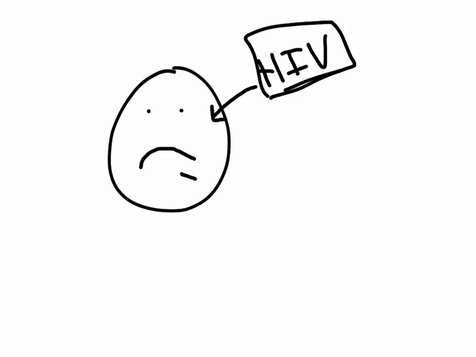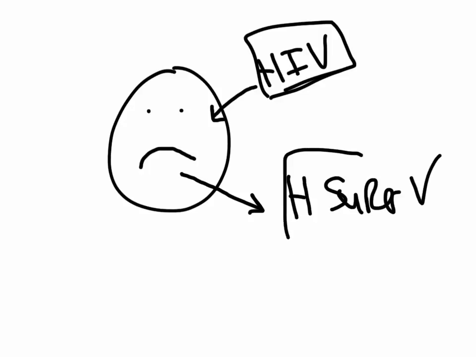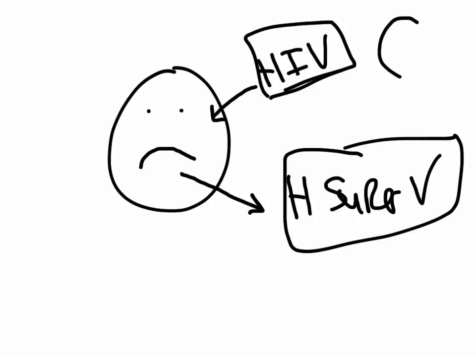And so whenever the new virus comes out, we're going to call it H super V, because it has this super resistant gene. And then whenever he goes up and attacks this guy, he's going to put super genes inside of this new bacteria.